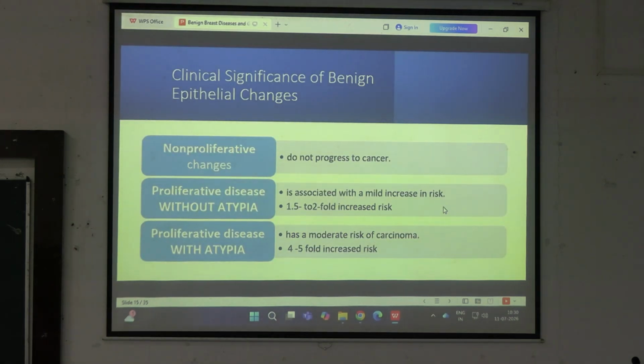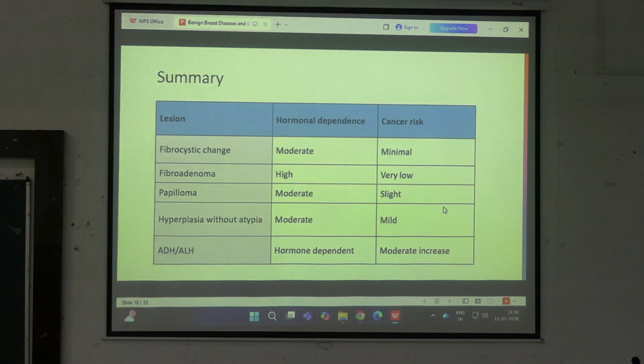The clinical significance of benign breast diseases is that non-proliferative changes do not progress to cancer. Proliferative diseases without atypia have a mild risk, 1.5 to 2 times, and proliferative diseases with atypia have a moderate risk, 4 to 5 times, of converting into malignancy.